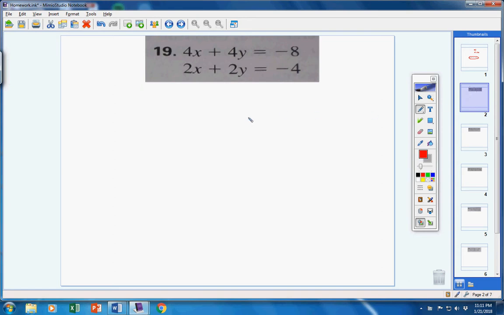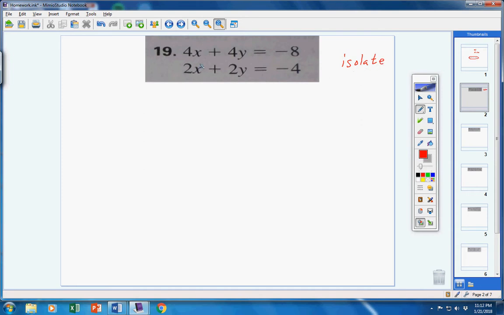Okay, step one. Do you see a variable that's isolated? No. Step two, do you see a variable that has no coefficient? No, I do not. So really in this case, guys, you can pick any variable you want, and you want to isolate that variable.